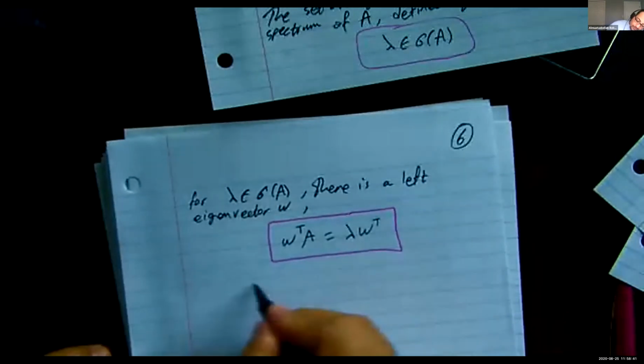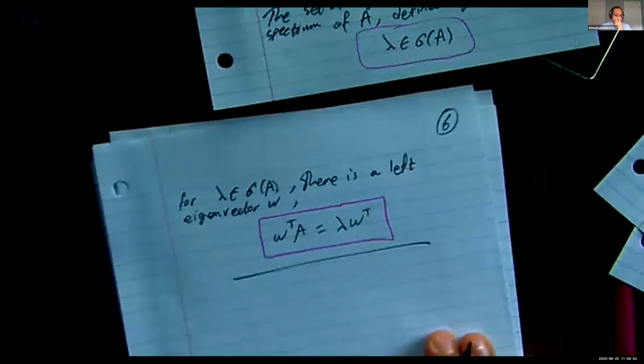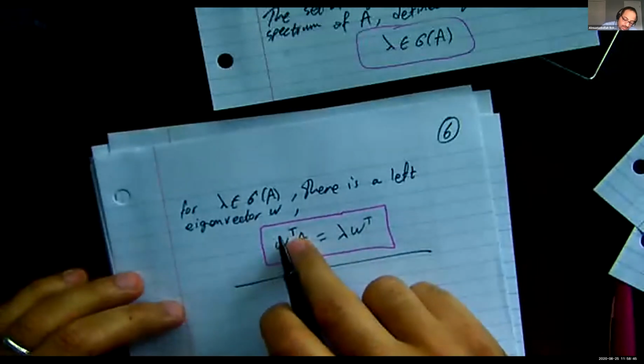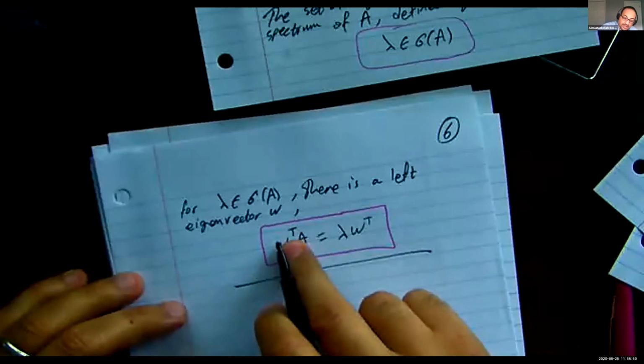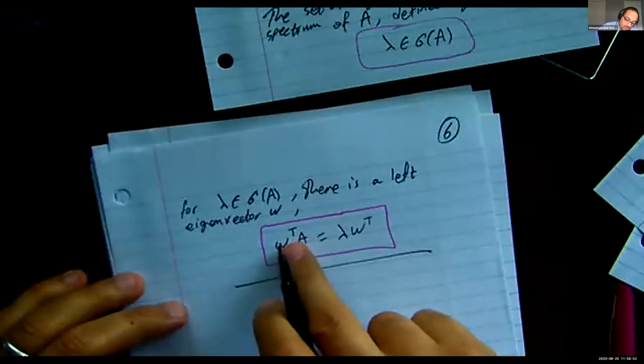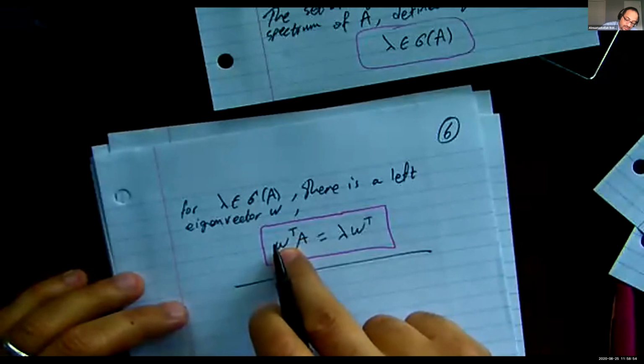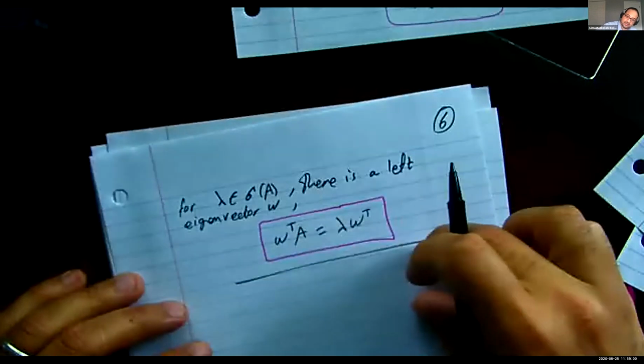And this here means vector transpose. So if you transpose a vector, it's a row vector. So this is a column vector, and this is a row vector. It's like this.